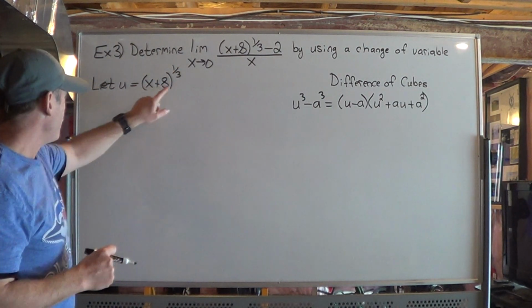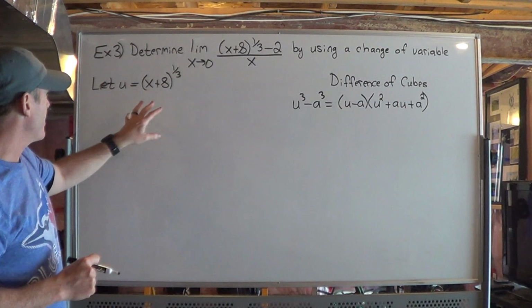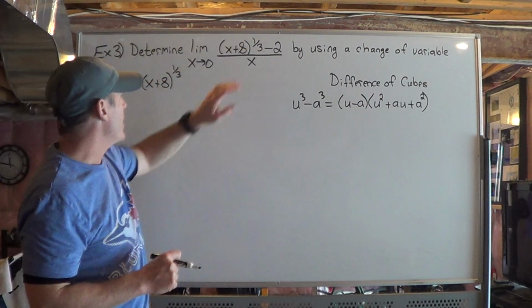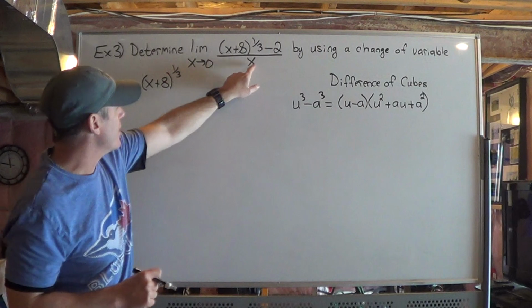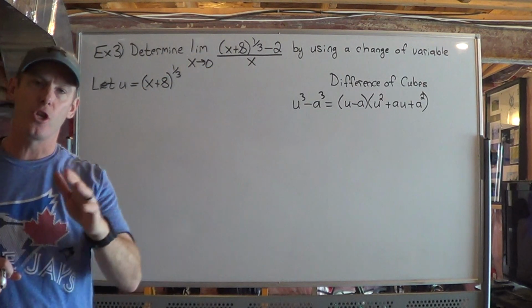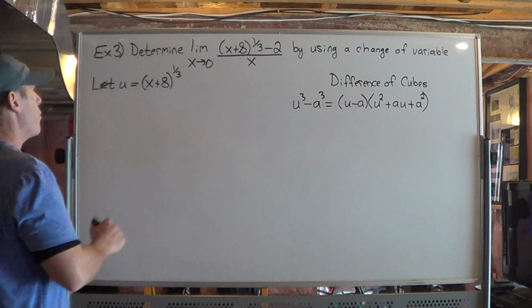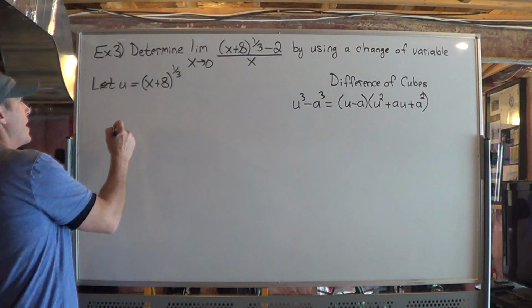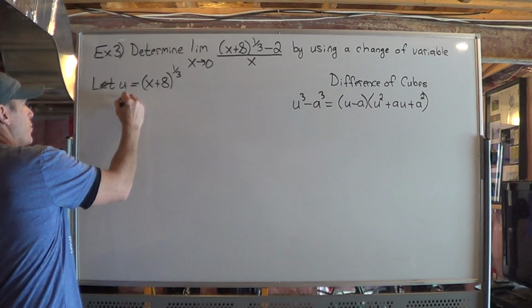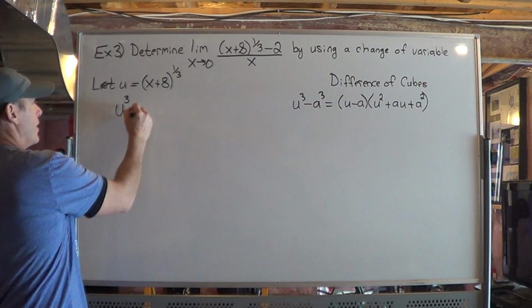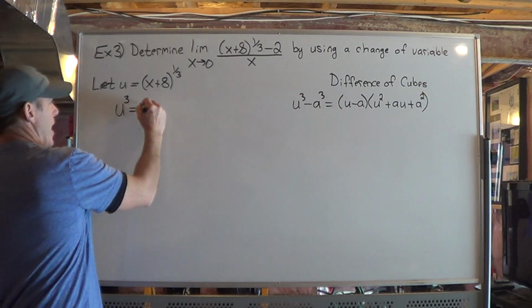Now, what I want to do is simplify this in that when I put a u in here, I also need to know what x is, because I'm getting rid of all the x's and just putting in u's. So to get rid of the 1/3, what I need to do is cube both sides. So u cubed is equal to x + 8.